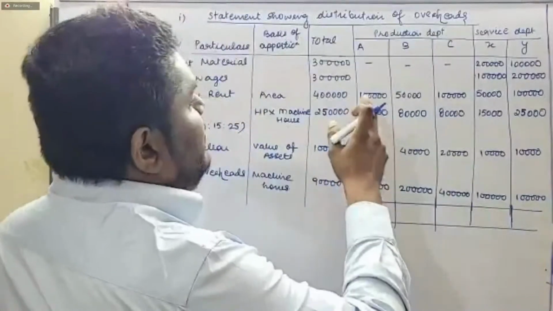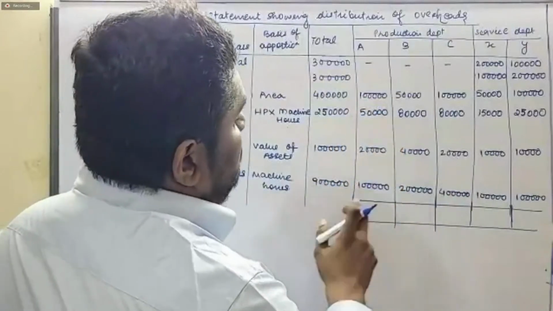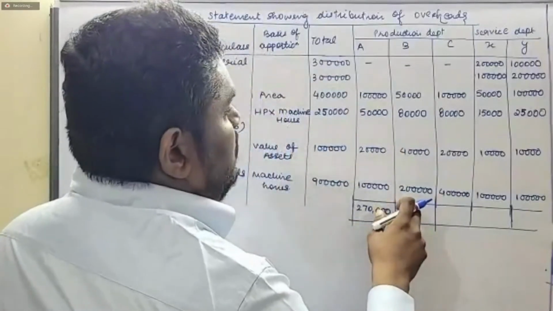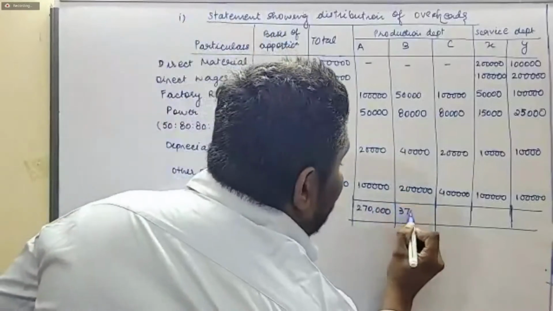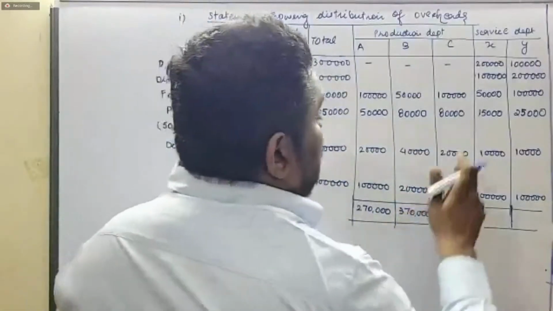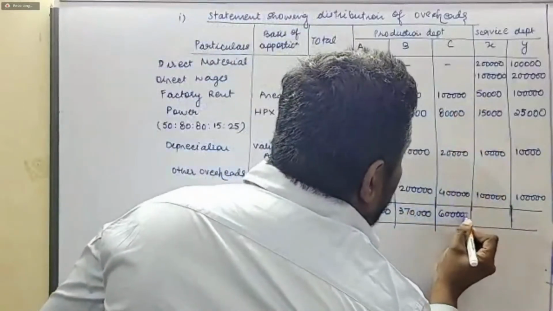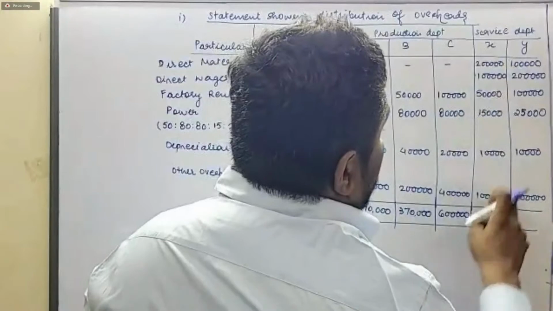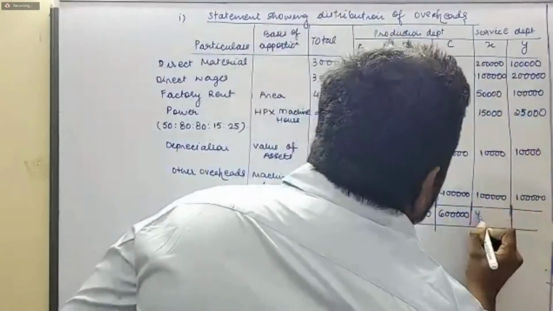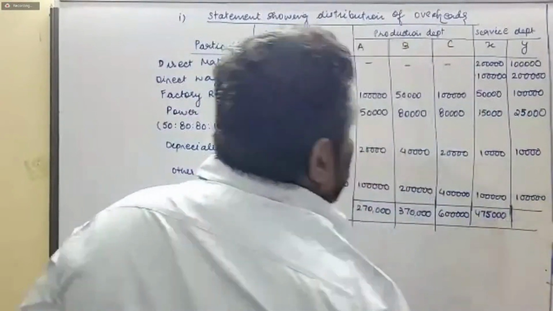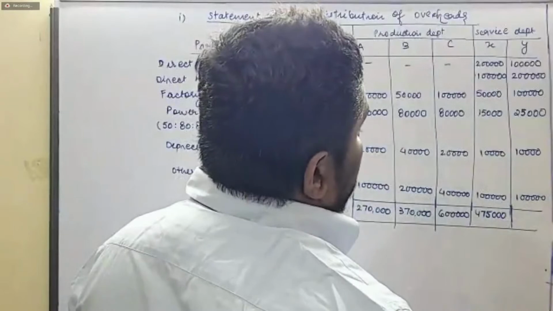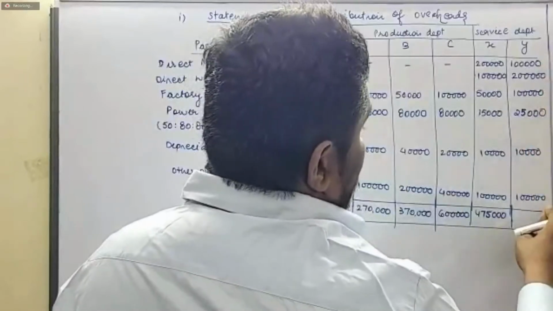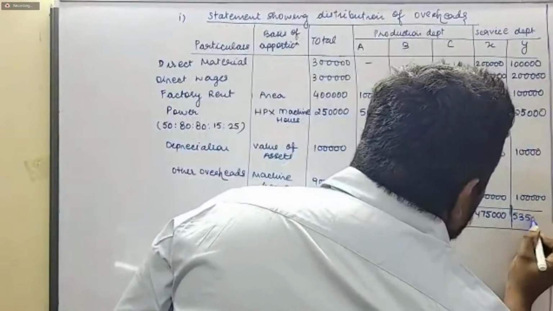So here the total overheads will be 2,70,000, 3,70,000, 6 lakh, 4,75,000 and 5,35,000.